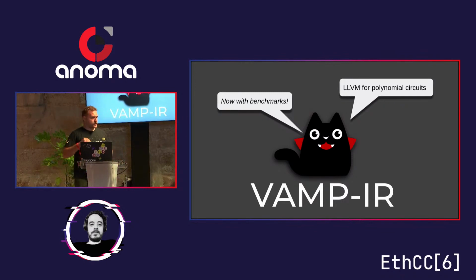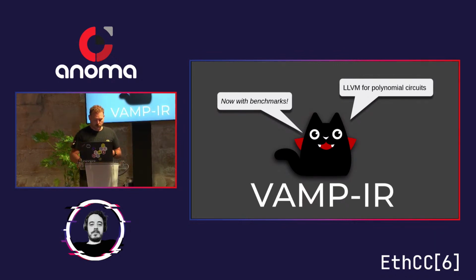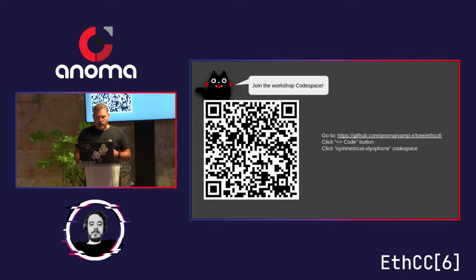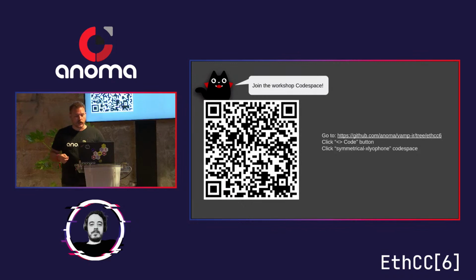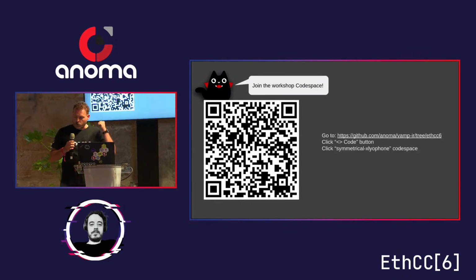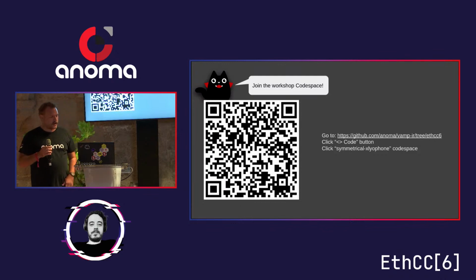So this is a workshop. I'm hoping to make this very interactive, and I'll be live coding up here. If you want to live code yourself, if you brought a device, you can join the workshop code space. There is a QR code here that should take you there. If you can't get that on your device, you can go to Anoma's GitHub, find the VampIR repo.